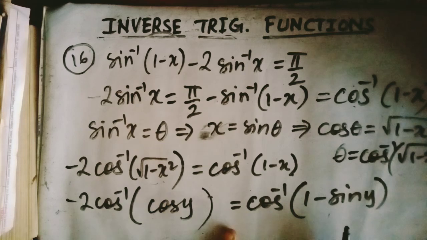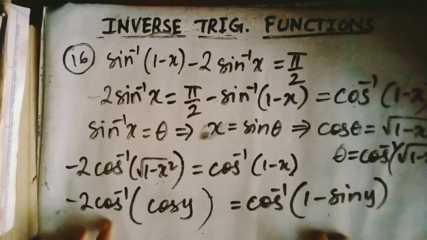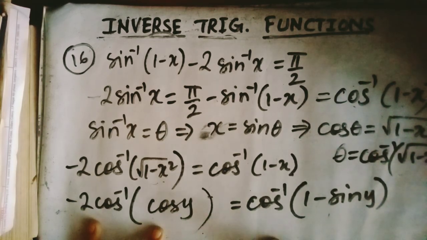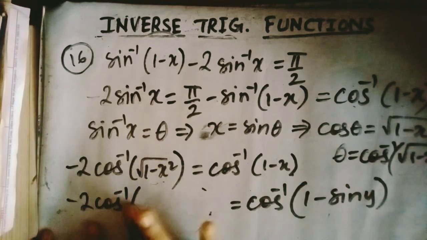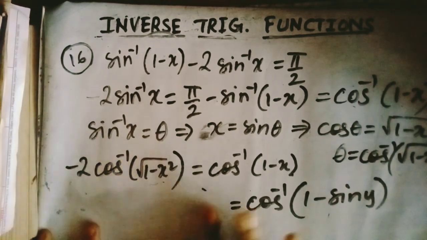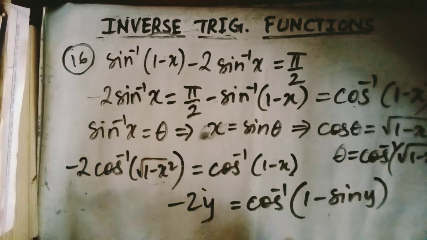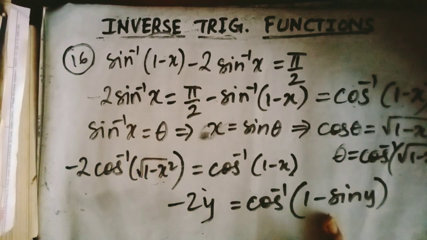Okay, and here you can use 1 minus sine y. Okay, so this is cos inverse cos y and cos inverse 1 minus sine y. So here you can use the property cos inverse of cos of x, so you'll get y. So minus 2y is equal to cos inverse 1 minus sine y.